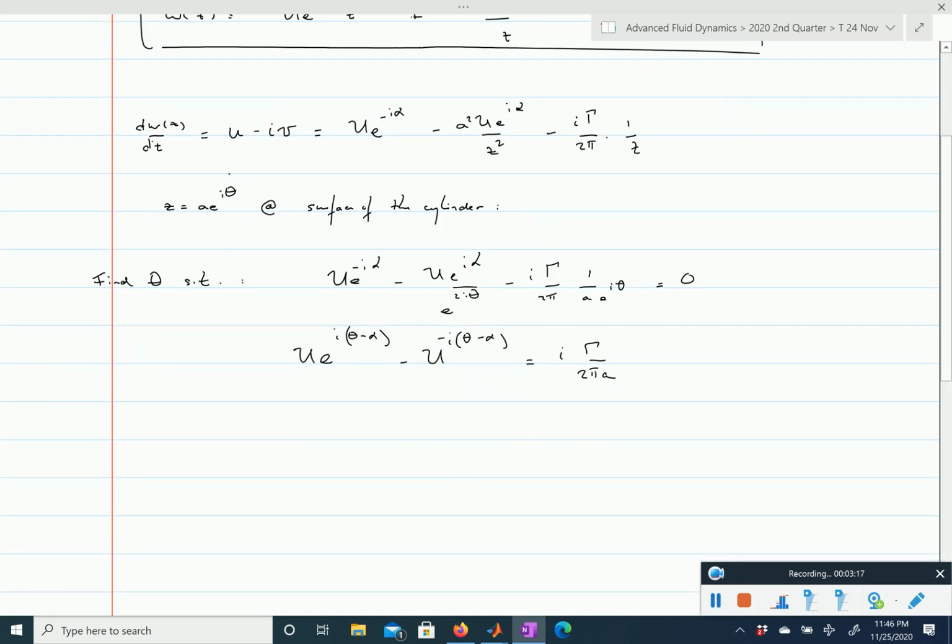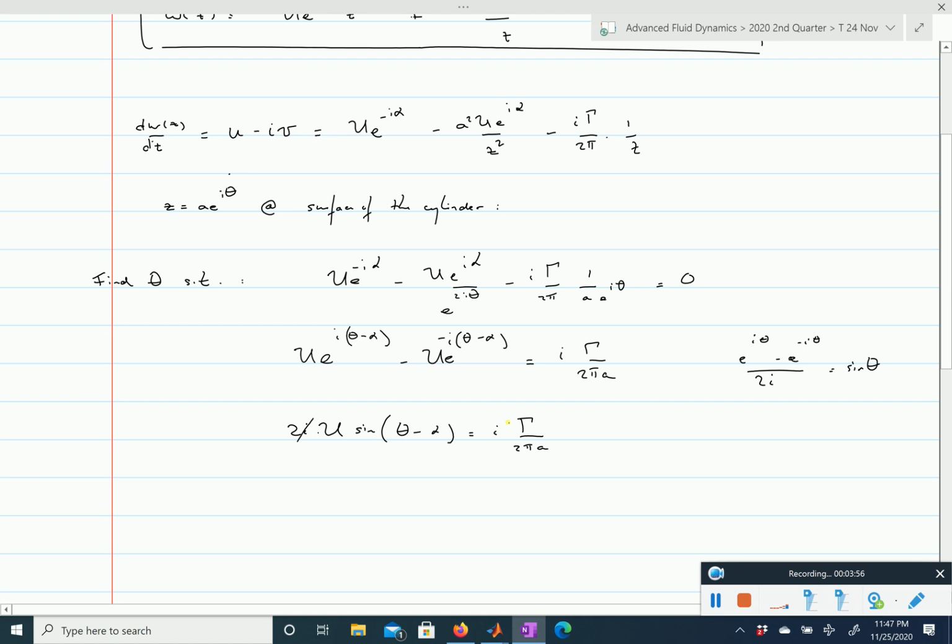Now I'm going to remind you, sorry, there's an exponential missing here. Exponential i theta minus exponential minus i theta divided by 2i is equal to sine theta, right? So this term is equal to U times 2i sine of theta minus alpha, and that is equal to i gamma divided by 2 pi a.